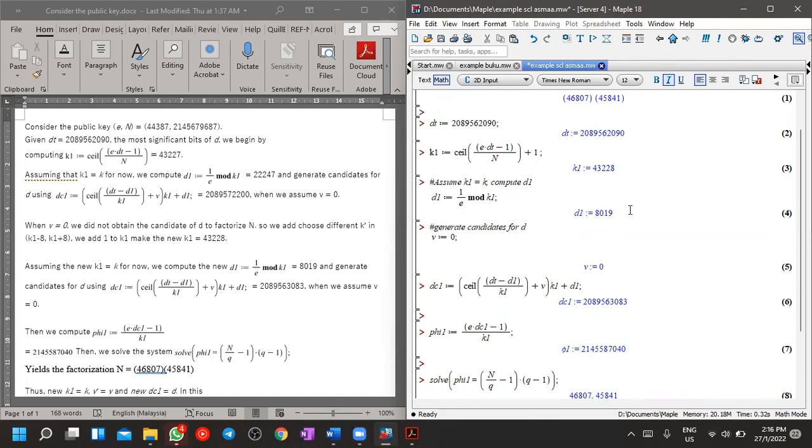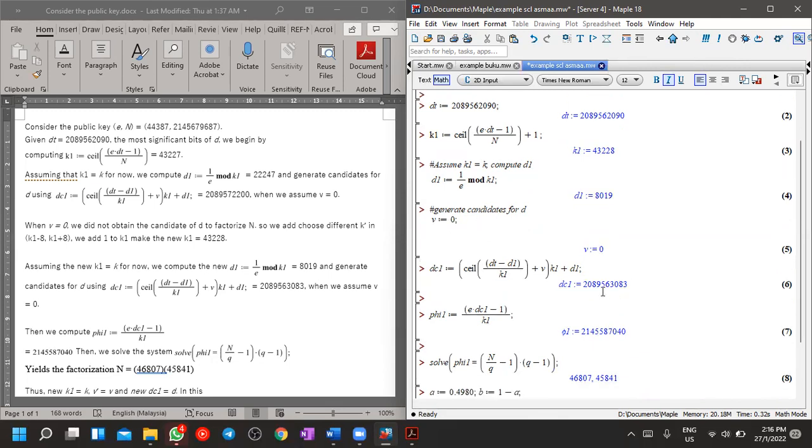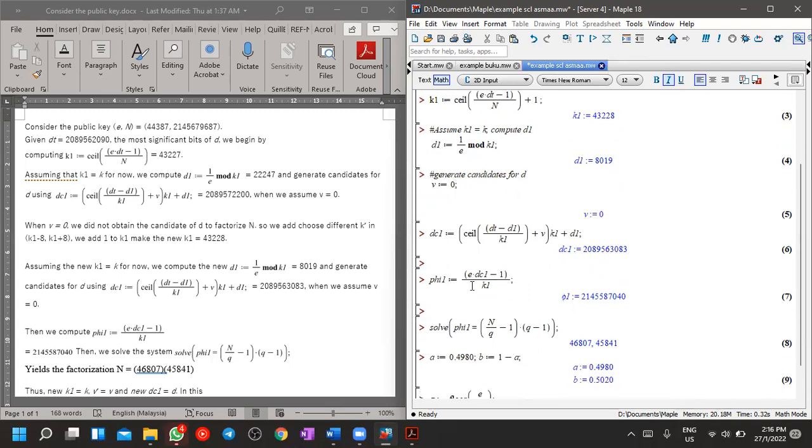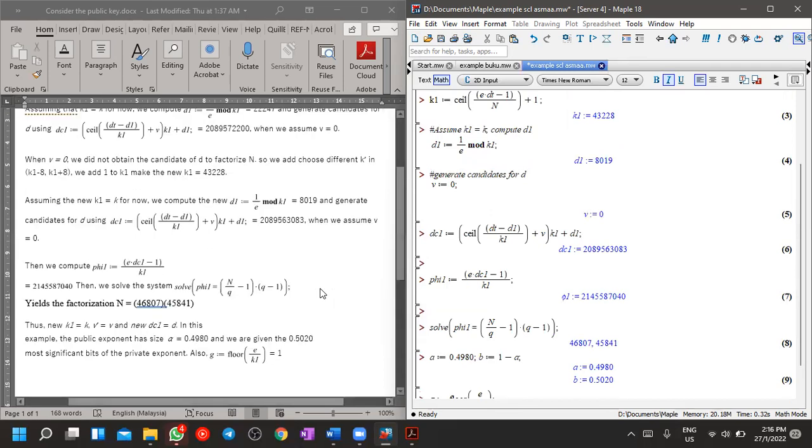We will get 8019, and then we generate the new candidates for d using dc1 and v equals 0, and we will get 2089563083. We assume v equals 0, and then we compute phi1, which is phi for the new dc1, and we will get this for phi1. Then we solve phi1 by doing this equation to check whether the n can be factored or not.